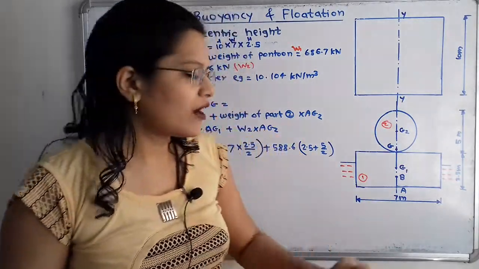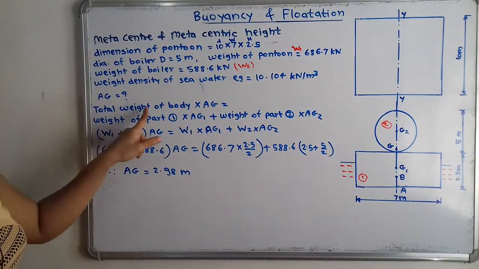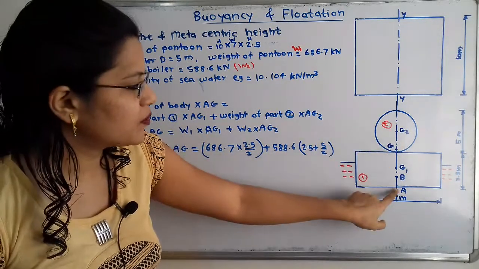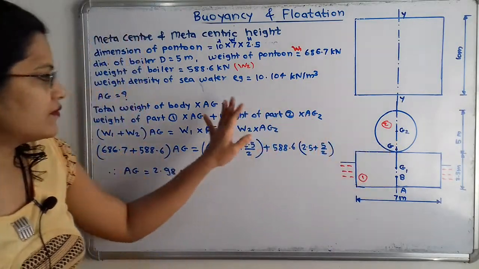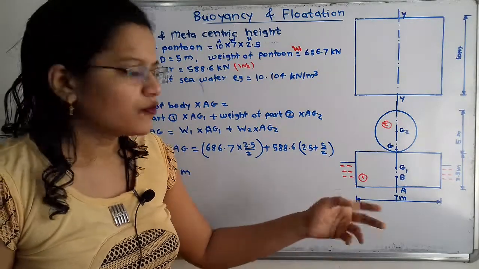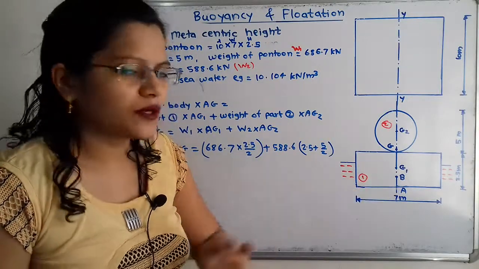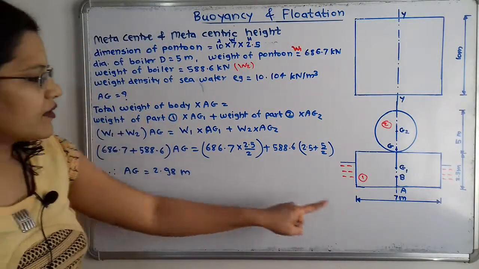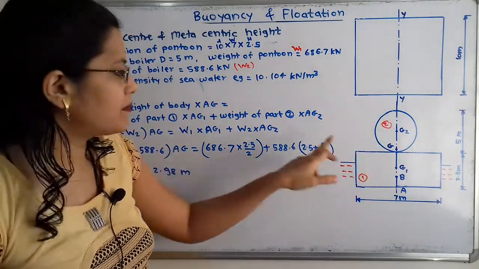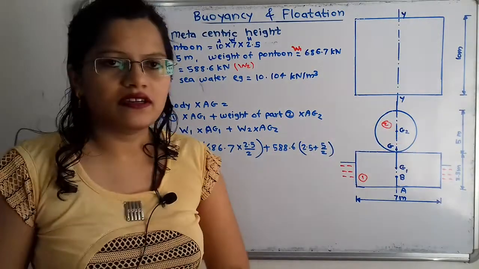At the same time we have to find the distance from A to G. So we take the total weight of the body multiplied by the distance of the center of gravity from the bottom point A, that is AG, which is equal to the weight of part 1 multiplied by AG1, the distance of the center of gravity G1 of part 1 from A, plus the weight of part 2 multiplied by AG2, where G2 is the center of gravity of the second part.